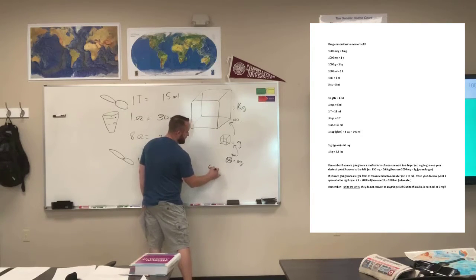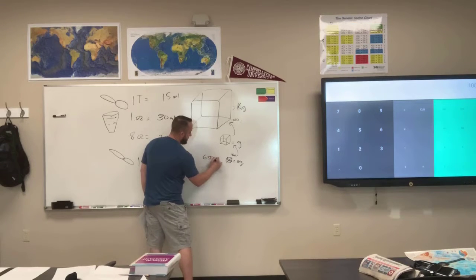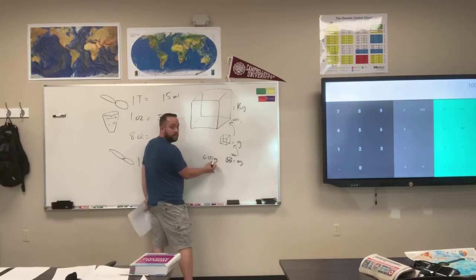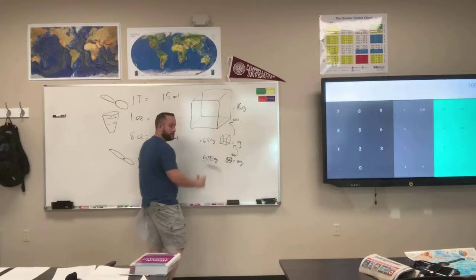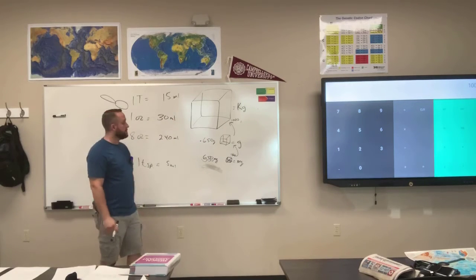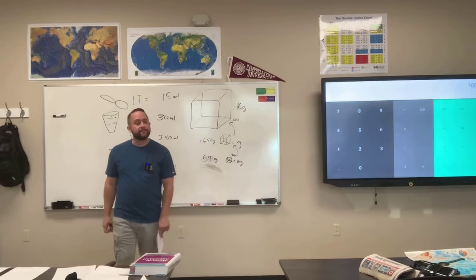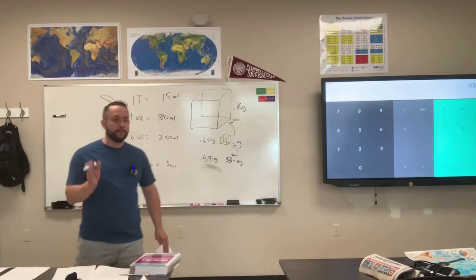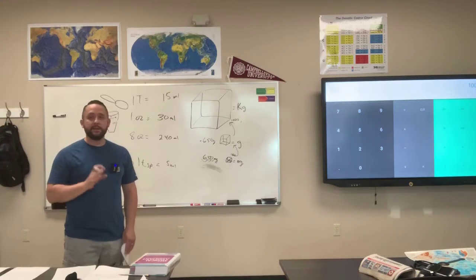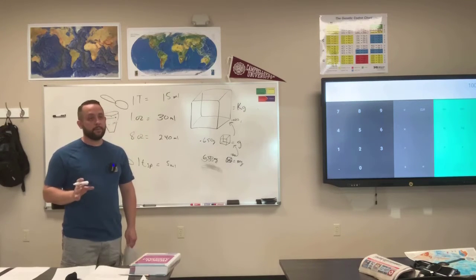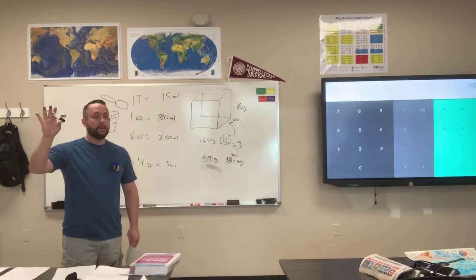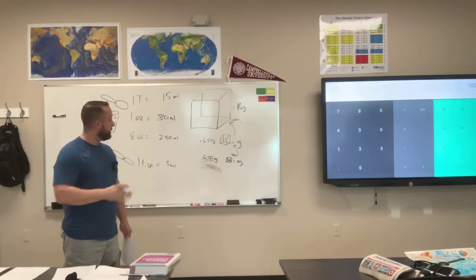Okay, so 650 milligrams. Right here's my decimal point, right? 1, 2, 3. That's 0.650 grams. That's as far as you'll need to go for conversions in terms of these large numbers to small numbers. And you probably won't even see a problem like this on your accreditation test. You'll see some questions like this in my class, but not too many of them, and it's not going to go any further than that.